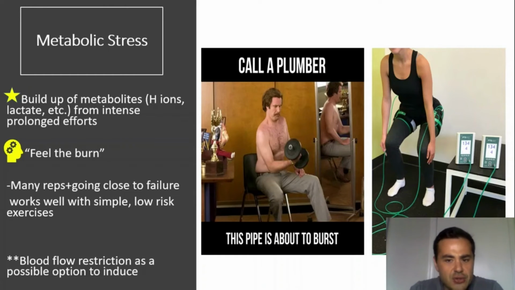The reason I mentioned those quote unquote easier exercises is because this works very well for things that are typically low risk, right? If you think about doing an exercise that is low risk, say like a bicep curl, and you do a ton of reps, so 20, 25, 30, chances are it's not going to be a life or death situation once you get to failure.